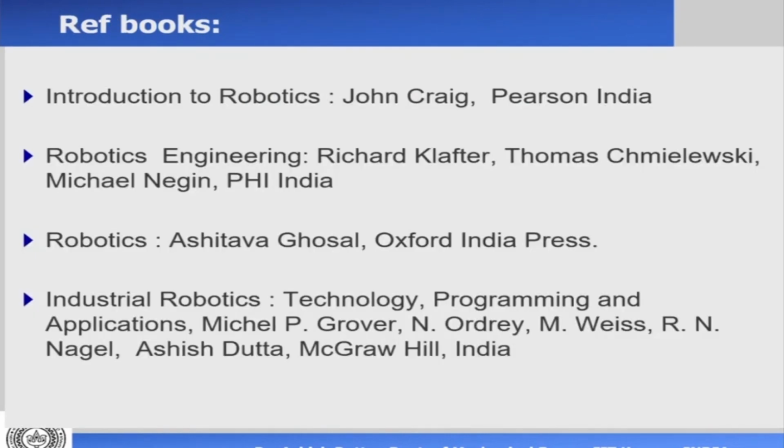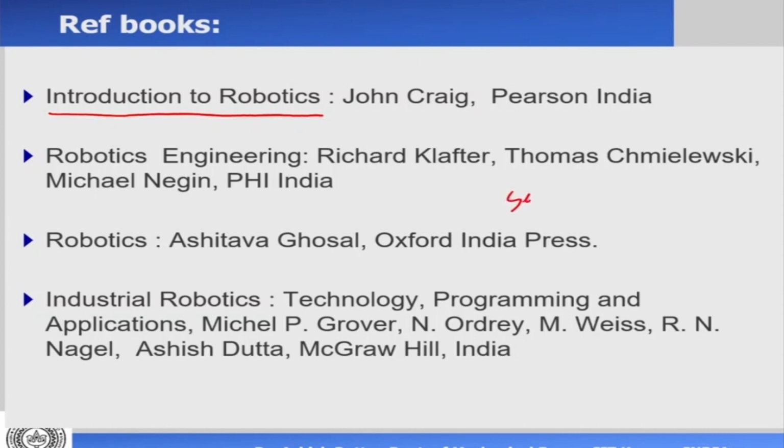Now the reference books for this course. The first is Introduction to Robotics. This is the main textbook which I'll be following. It has all the basic mathematics involved in terms of the transformation matrices, then forward kinematics, inverse kinematics, and control will be from this book. We'll talk about sensors and actuators.